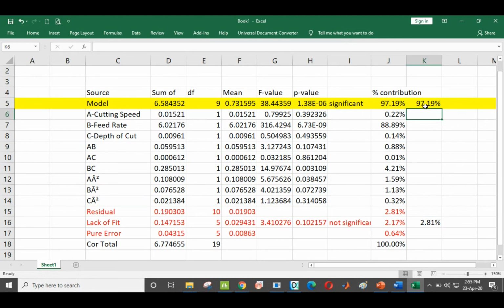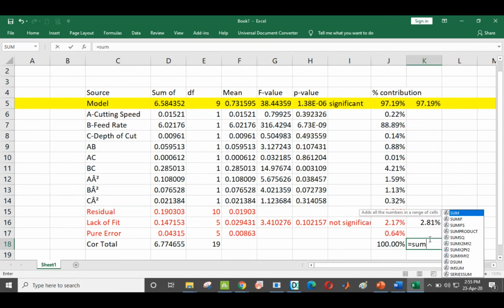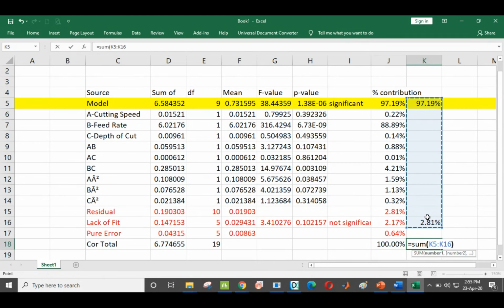So for model it is 97.19, and for residual it is 2.81. So if I sum these two, I will get 100%.